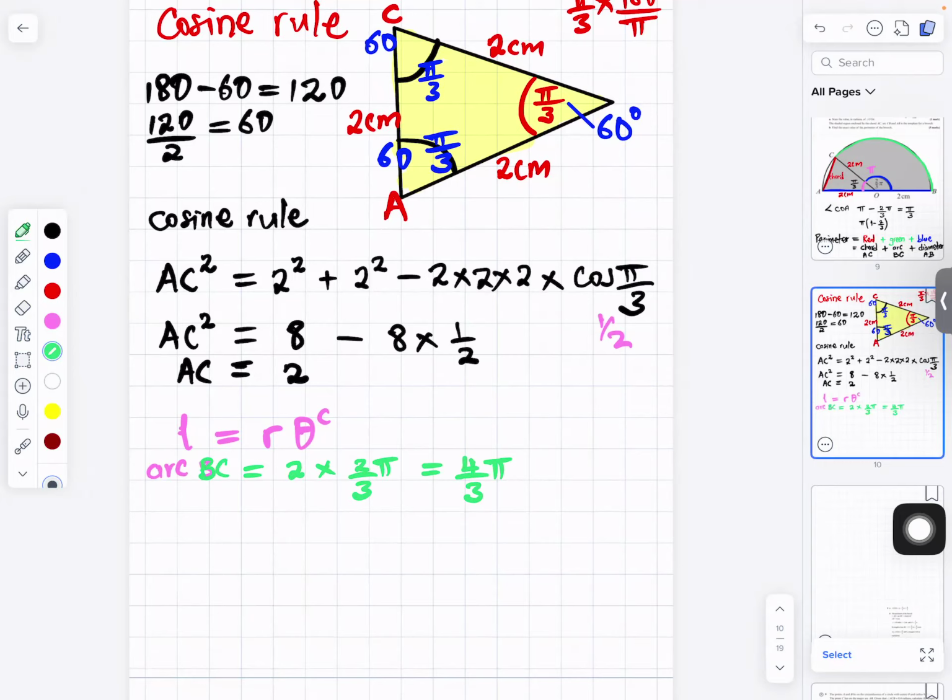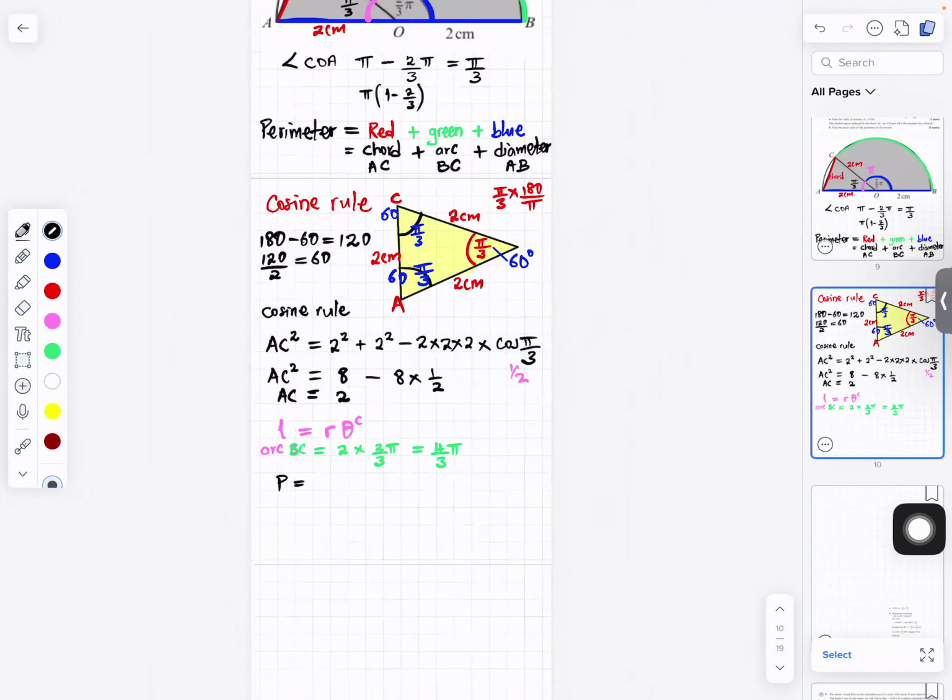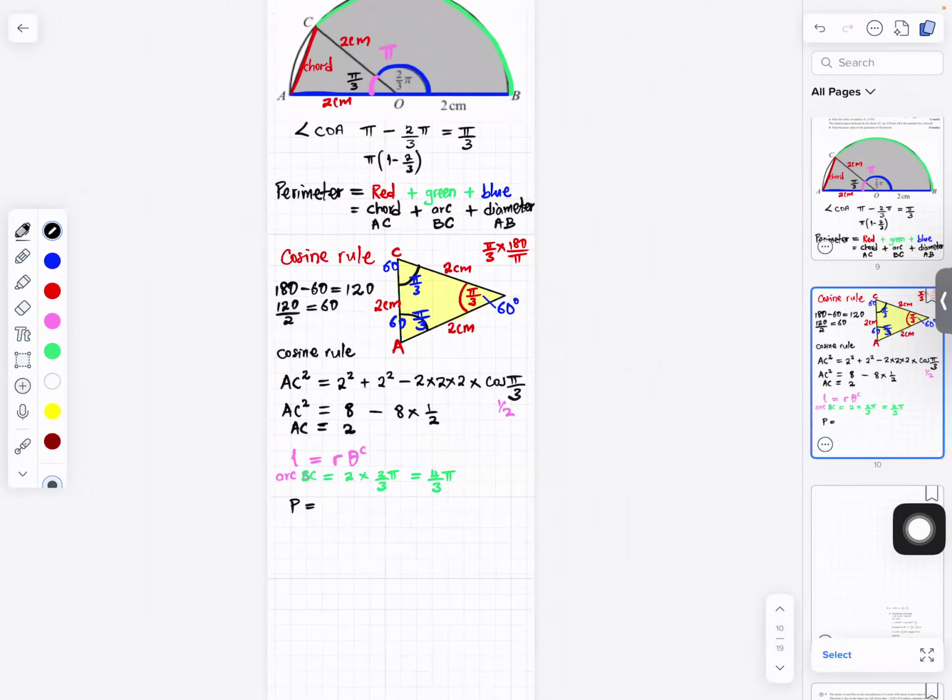So now we know all the 3 things. So the perimeter P, add them all. The perimeter is the chord, which we found out to be 2. I'll put in red.